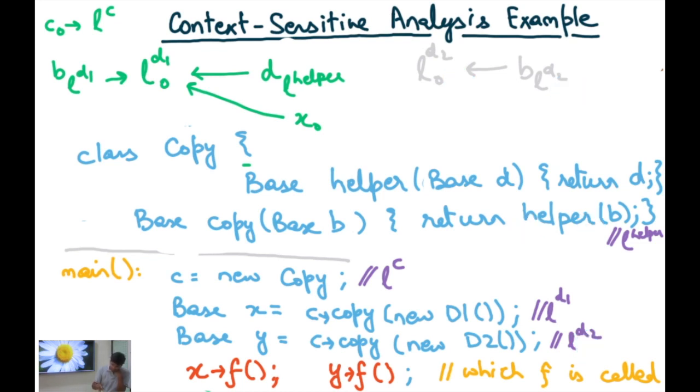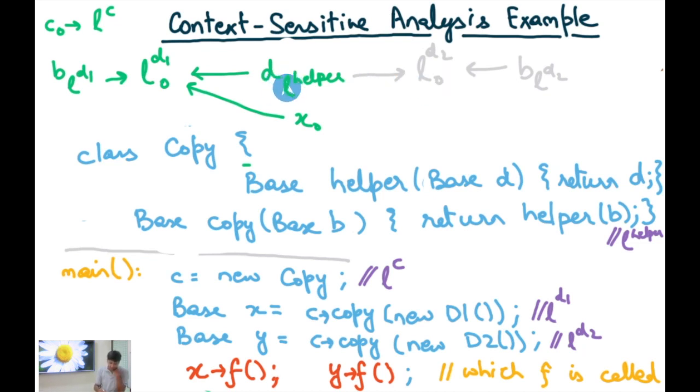This will again call helper, and helper will be analyzed in context L helper. So that means D L helper will get a copy of whatever B is holding in the current context, and B in the current context is LD2. So whatever B LD2 may point to, which is L0 D2, now D L helper may point to. So D L helper may point to L0 D2 objects as well.